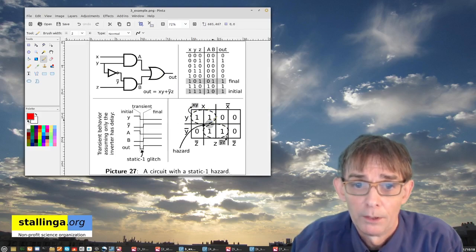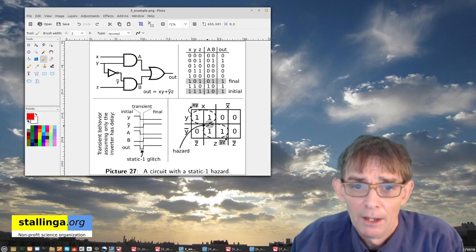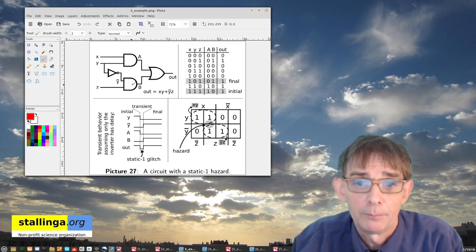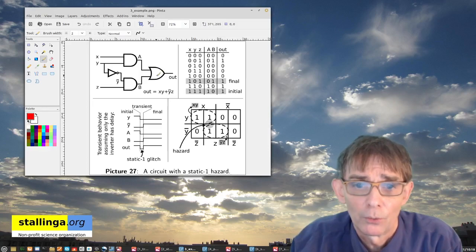This is product 1 implemented by this AND gate A, and this loop here is implemented by AND gate B, and then we are summing the outputs of these two AND gates by this OR gate.